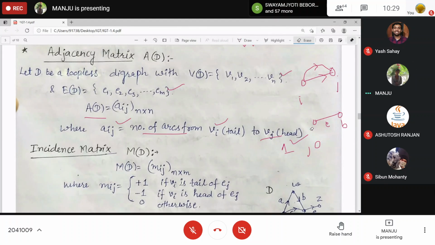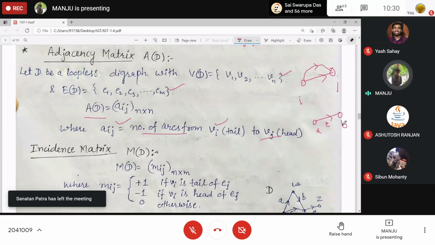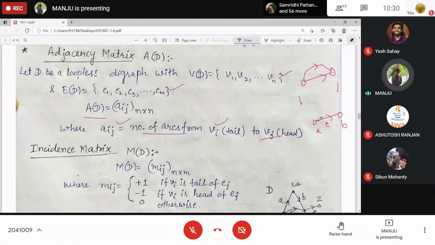Clear? But here it will be either incident from the vertex or to the vertex. If some edge is going out of the vertex, then we say +1. And if the edge is coming towards the vertex, then we say -1.